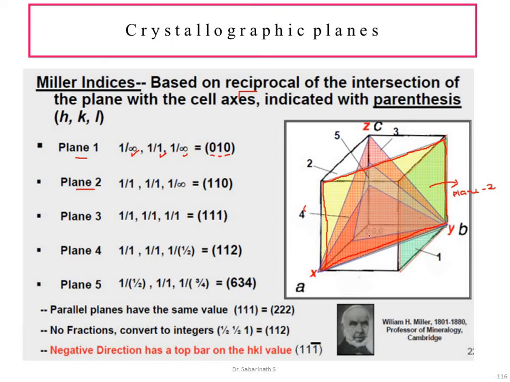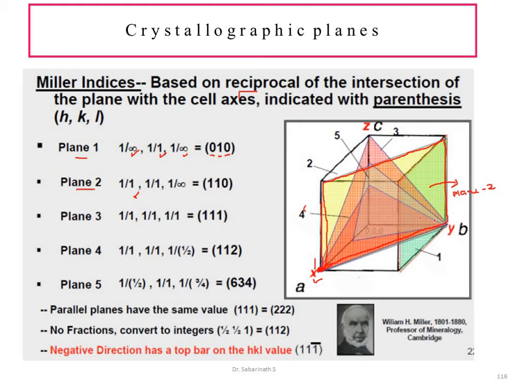First, as usual, we take the x-axis. The plane 2, sorry for my drawing, intersects at this point in the x-axis, and let us take this as a unit 1. So as the reciprocal we write 1.